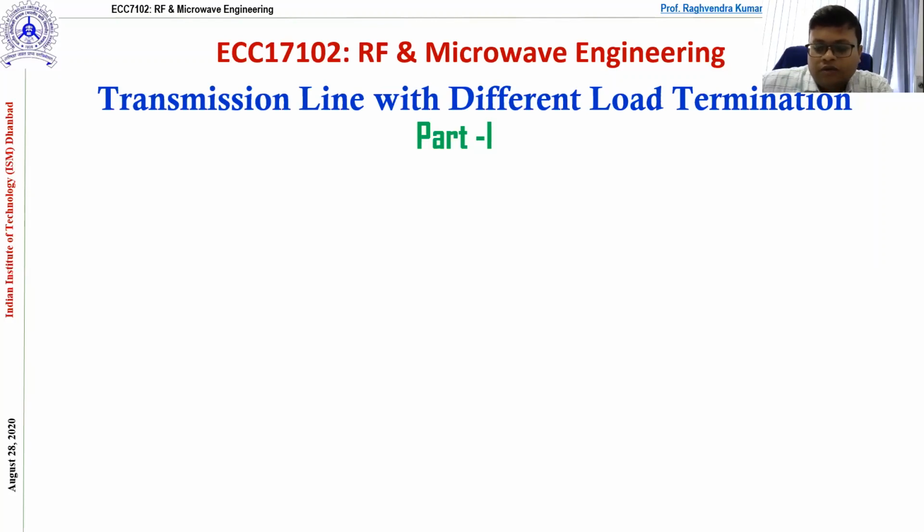So now we got an idea about these things, that conversion of the lambda elements utilized in microwave circuits, correct. Now the thing is, in last class we have seen the termination of the transmission line was open circuit, open termination, or the short circuit termination, correct.